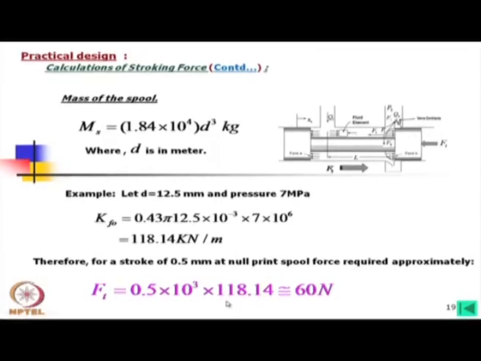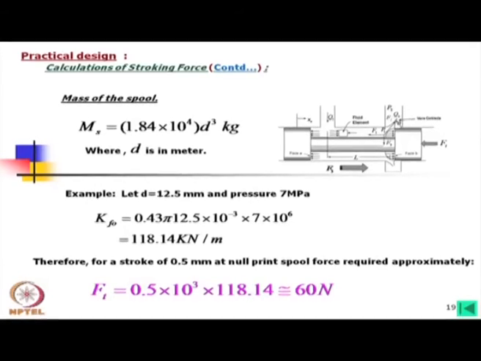This is a sample calculation I have shown of how to calculate this force. What we find here is that for a realistic dimension of about half an inch or 12.5 millimeter, for that type of spool, at steady state condition, 60 Newton, which is around 6 kg force, is required.